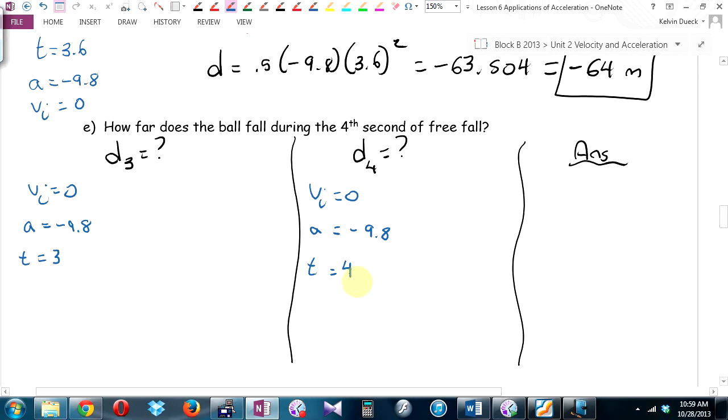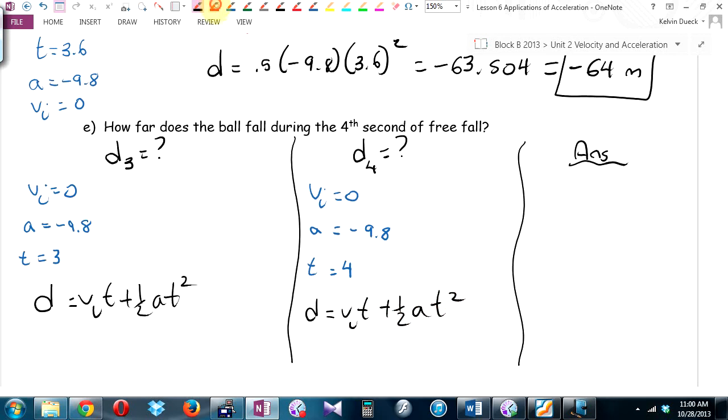Is there an equation that has distance, initial velocity, a, and t in it? Which one? D equals VIT plus a half AT squared for both of these. I can cross out the VIT term for both of them because initial velocity is 0, yes?